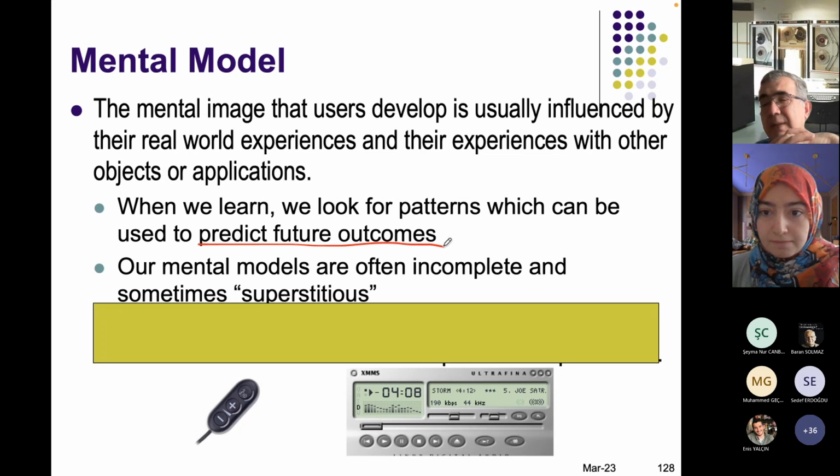You can easily understand how long the track is and the items on the screen, because your previous experience from the mechanical CD players is transferred to the digital players.